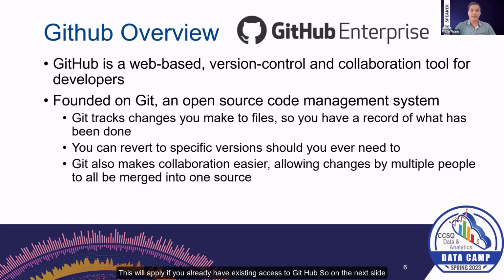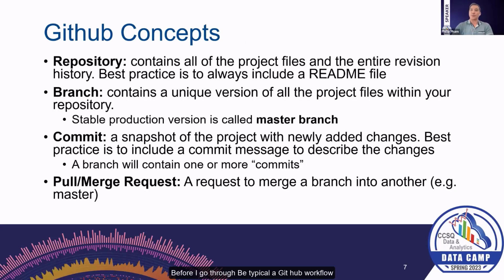On the next slide, before I go through the typical GitHub workflow, I want to highlight some concepts that are going to be important for you to be aware of. The first is your code base: your code is going to be stored within a GitHub repository, and it's going to contain all of your project files, all of your notebooks and SQL code, and also the entire revision history.